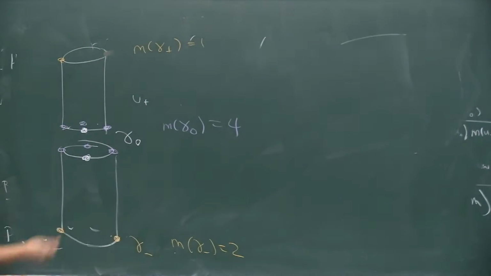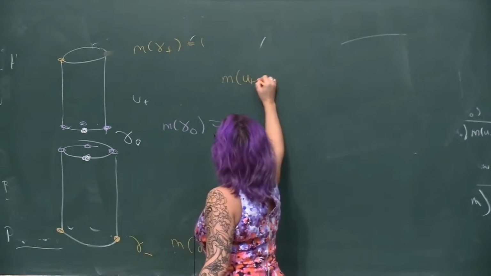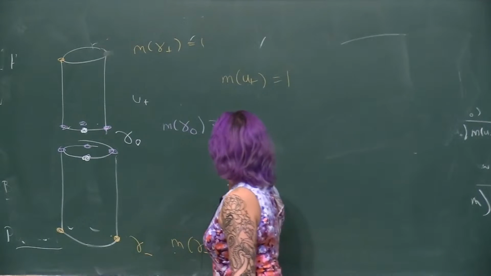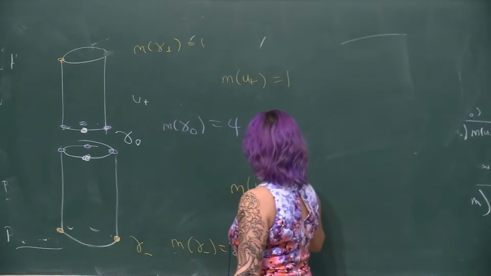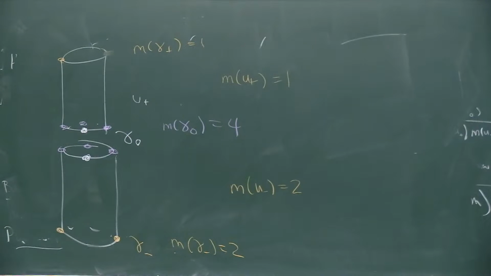So it just has one-fold symmetry. So then the multiplicity of U plus would be equal to 1, whereas the multiplicity of U minus would be equal to 2.